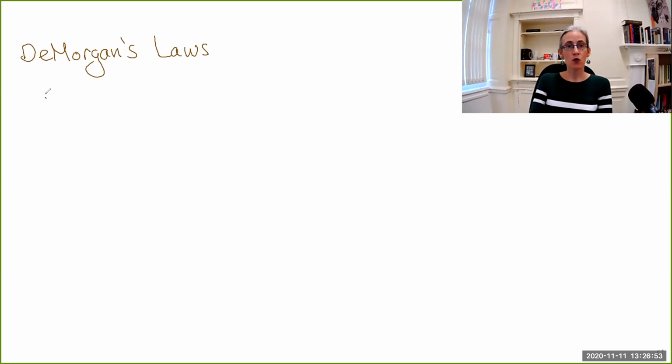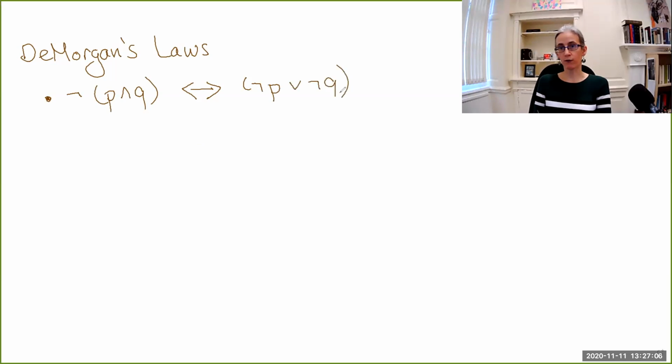Anyway, they express an important connection between converting between conjunctions and disjunctions when there are negations involved. So if you take the negation of a conjunction, not (P and Q), this is equivalent to saying either P is false or Q is false, or given that we are in the inclusive case, could be both of them.